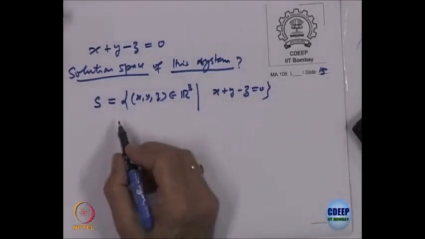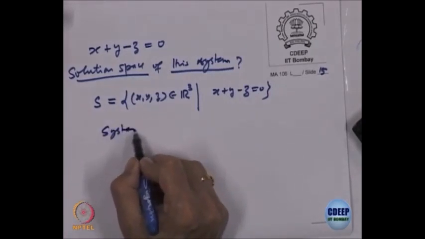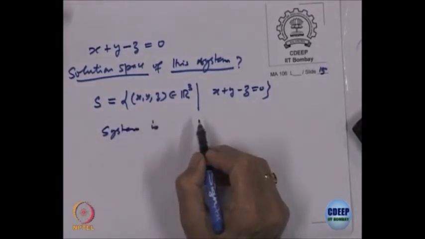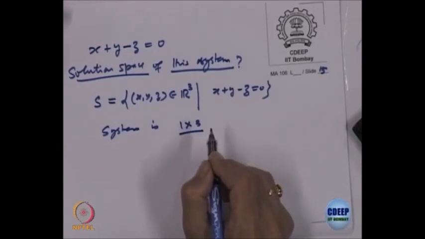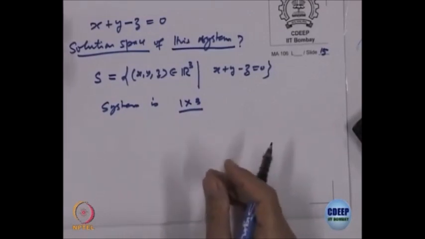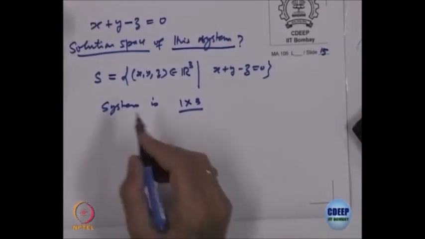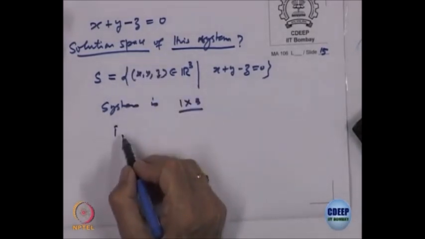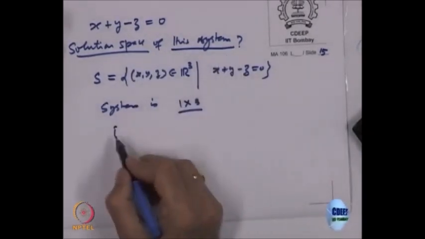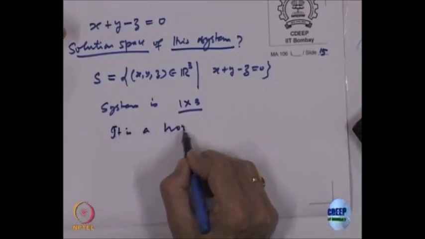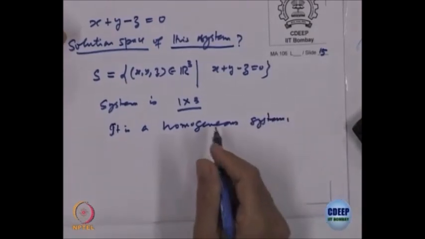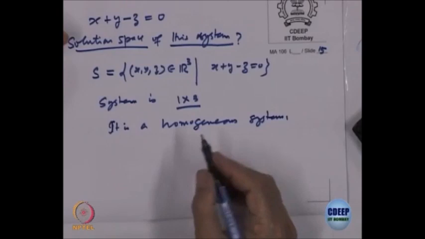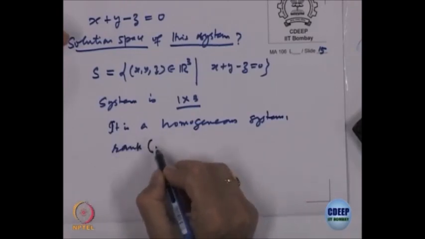So what is the order of the system? 3 variables, 1 equation. So it is 1 cross 3, right. It is a homogeneous system. So what is the rank of the system?